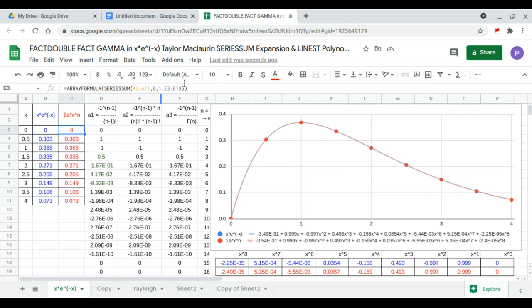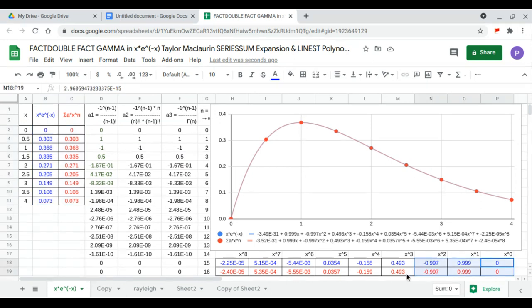So let's use the gamma function. And enter. Here we have the datasets still the same. The trend lines are still the same. The polynomials are still the same, just approximately up to this portion.